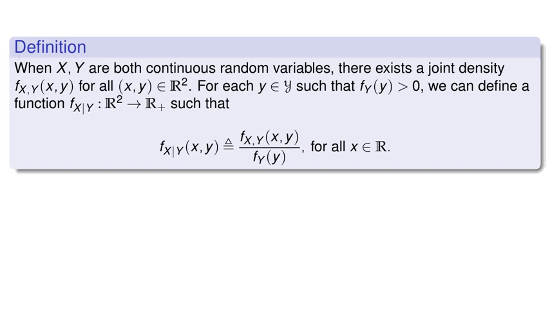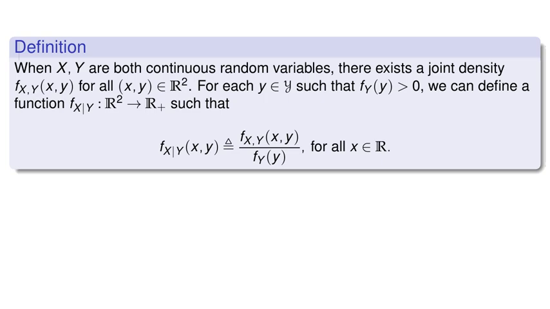Now let's consider the case where x and y are both continuous random variables possessing a joint density f sub xy of x, y for all x, y in R squared, for each y in the support of y such that the marginal density f sub y of y is positive.